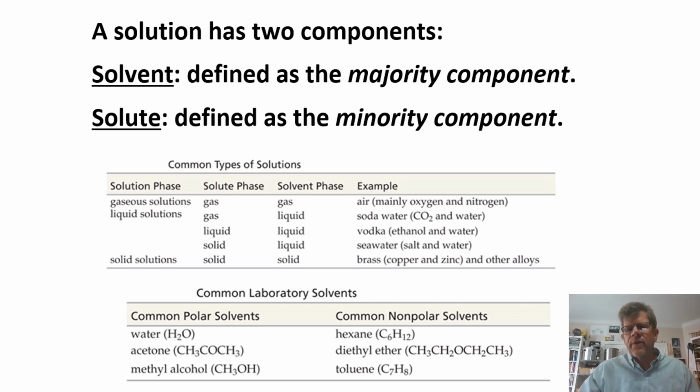We have to tune solute with solvent, or we won't get the solute to dissolve. Typically, a polar solute will dissolve in a polar solvent. A nonpolar solute will dissolve in a nonpolar solvent. And we have a name for this, or a term rather, for this.